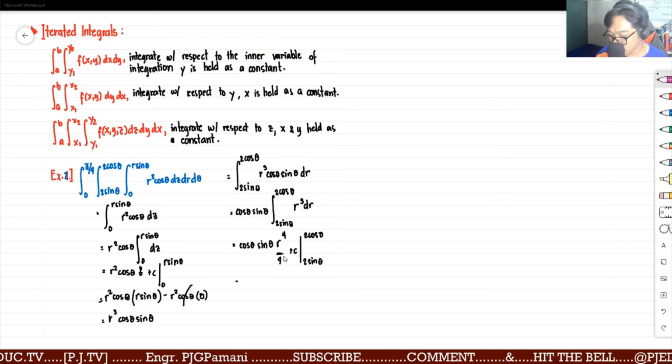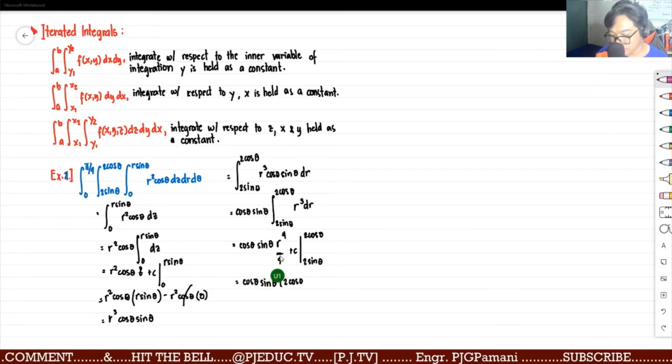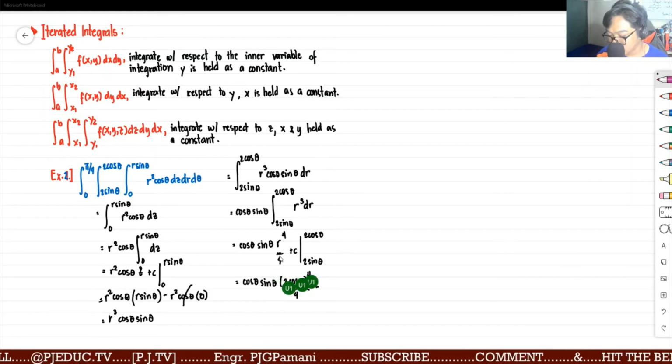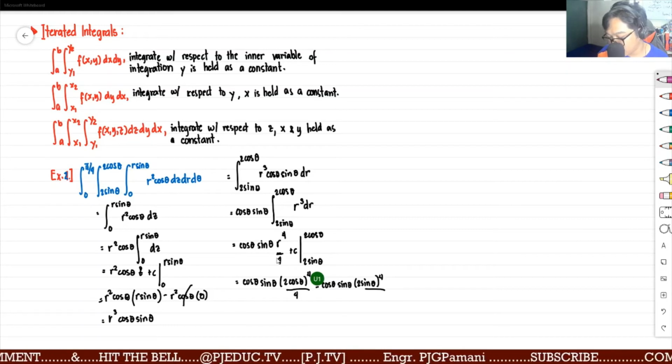Okay, that is cosine theta times sine theta times 2 cosine theta upper limit raised to the 4th all over 4 minus cosine theta times sine theta times 2 sine theta raised to the 4th all over 4.